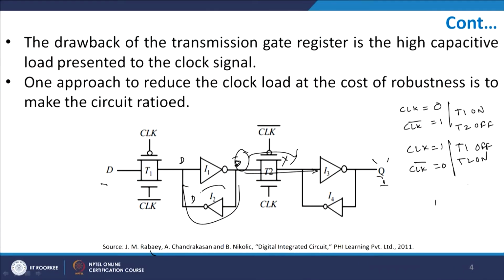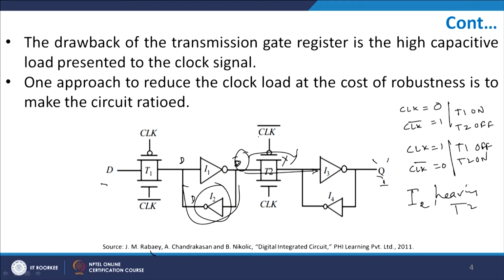Whereas, if your I2 would have been a very large transistor, heavier than T2, then the data will not at all be read by T2. So, I2 will drag all the voltage across itself, and there will be a feedback loop available to you.